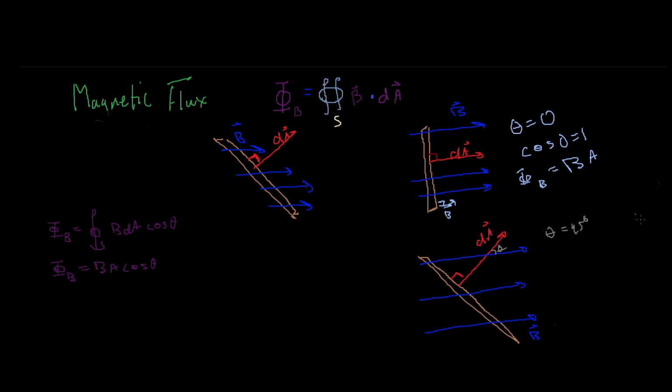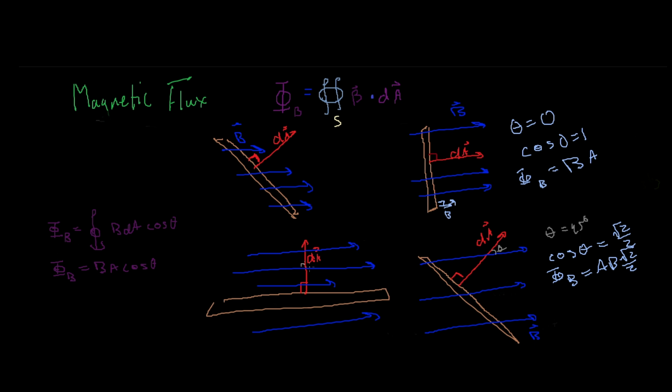So since we know the angle between them is 45 degrees, the cosine of that is just square root of 2 over 2. Both sine and cosine of 45 degrees are square root of 2 over 2. So the magnetic flux is equal to AB square root of 2 over 2, or 1 over square root of 2 if it's not rationalized.